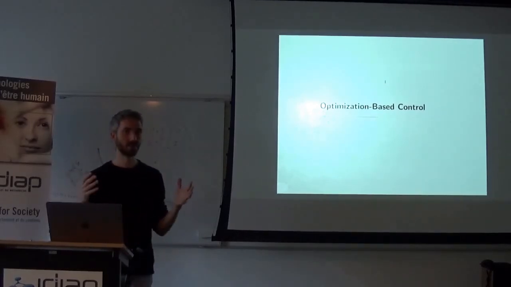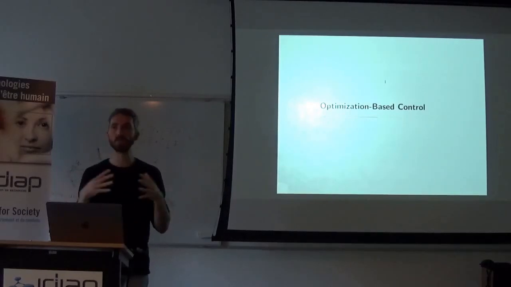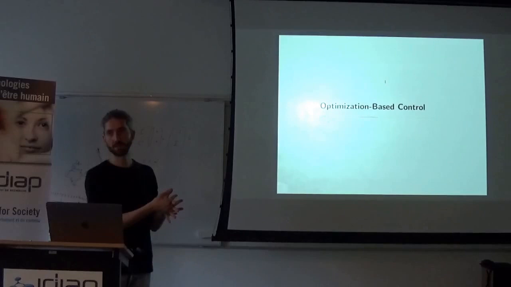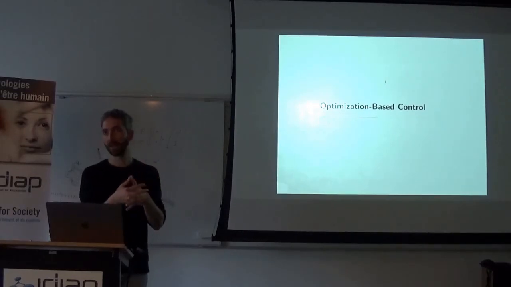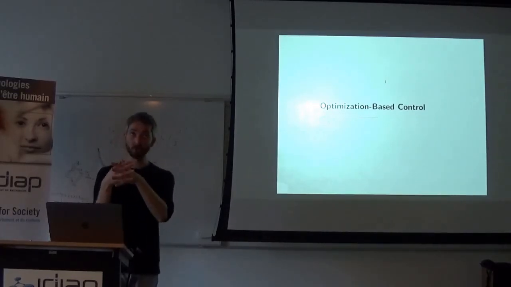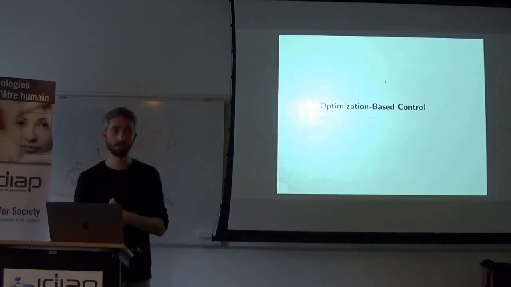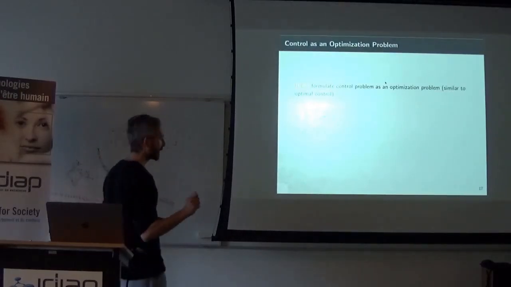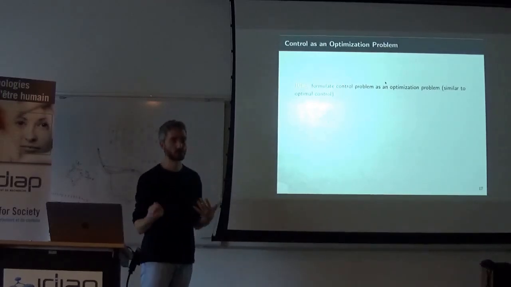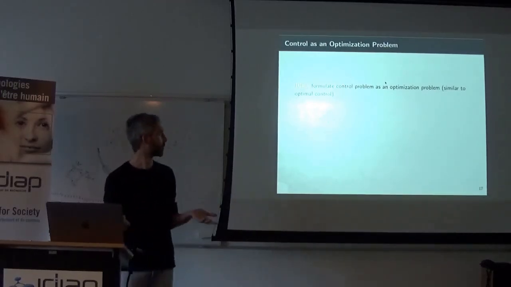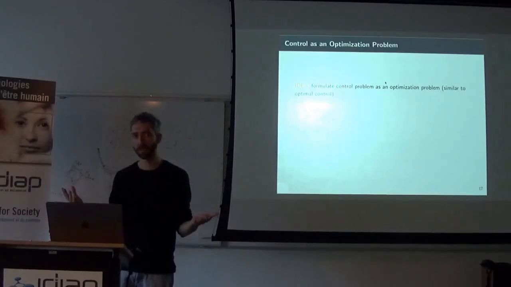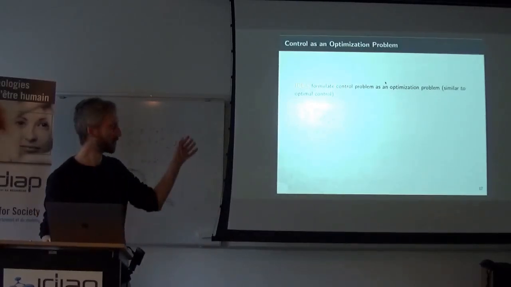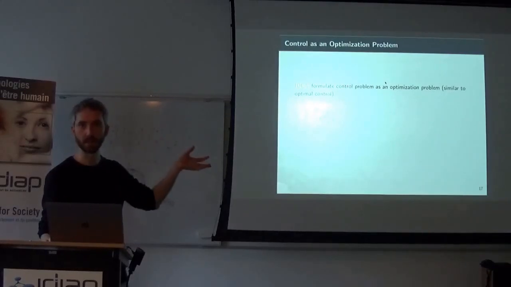Now we will see how all of these come together in an optimization-based context to define our controller as an optimization problem. So the key idea is that we can formulate control problems as optimization problems. It's not a new idea, it's how optimal control works, basically. But here it's done in a slightly different way.